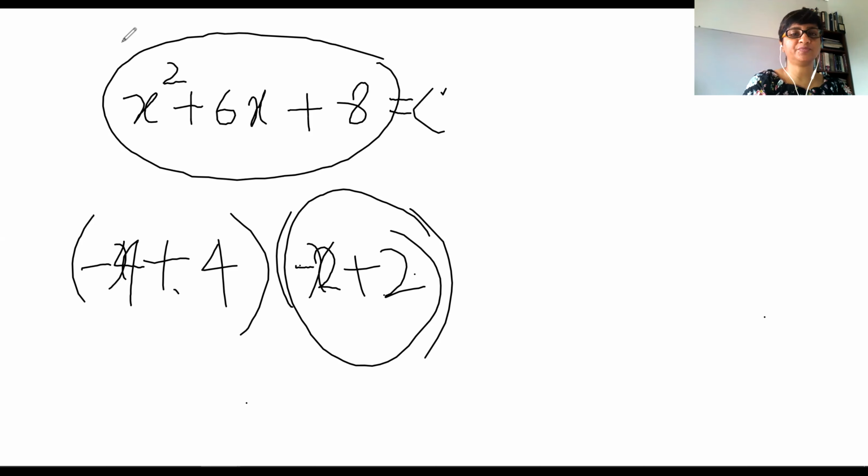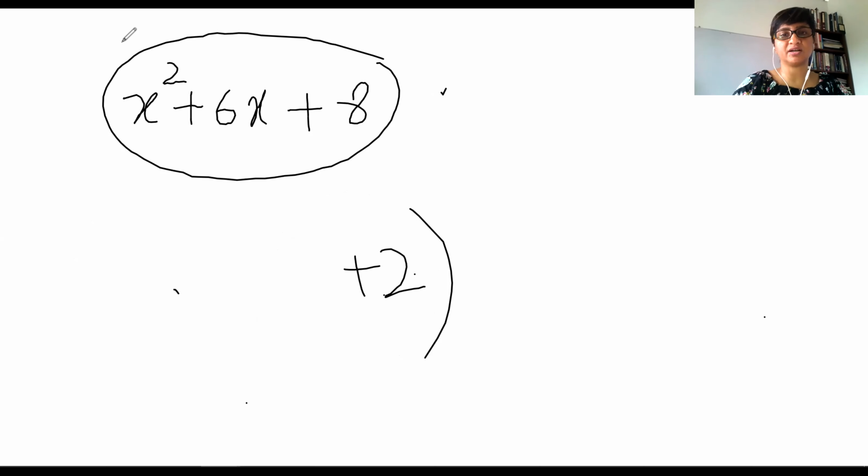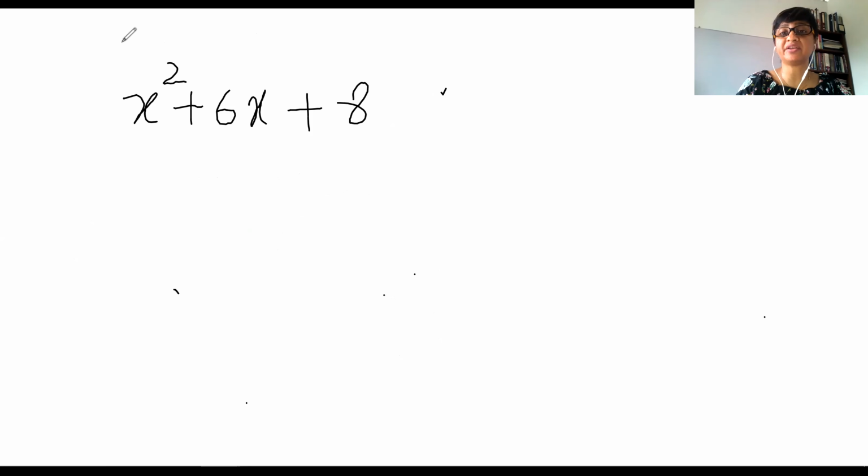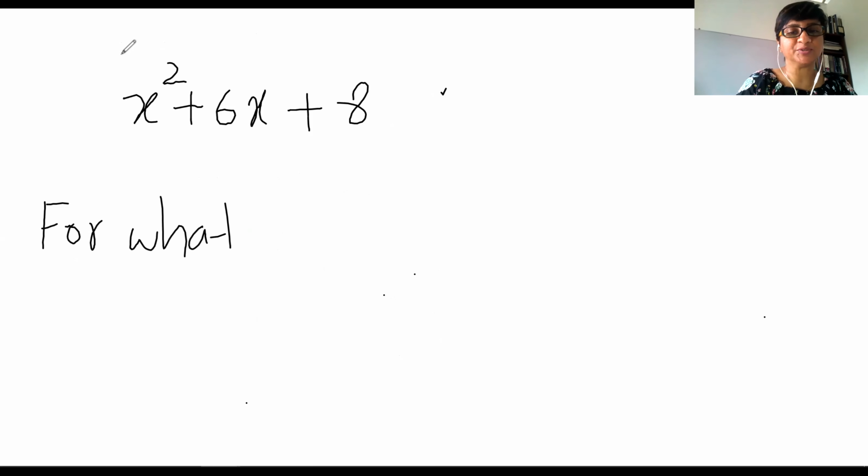Similarly, now you know that when you put different values for x, you get different values for the expression. Here's my question now: for what value of x would the whole expression f have the smallest value?